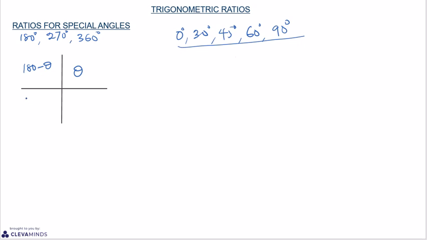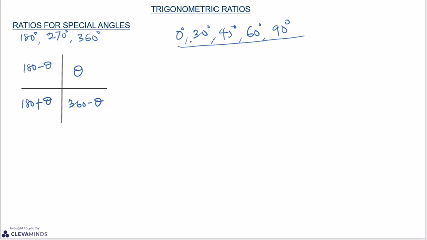In the third quadrant, we have 180 plus theta, where tangent is positive. And we also have 360 minus theta, where cosine is positive. Please take note of all these things, because this basic knowledge comes into play when you are learning ratios of special angles.